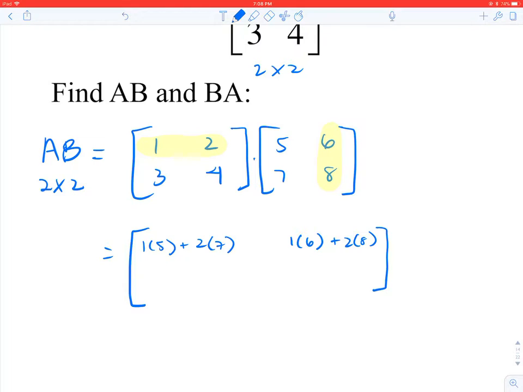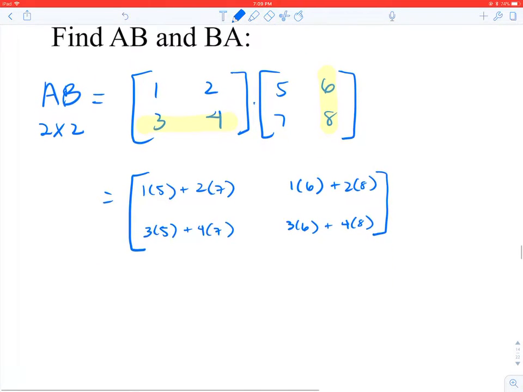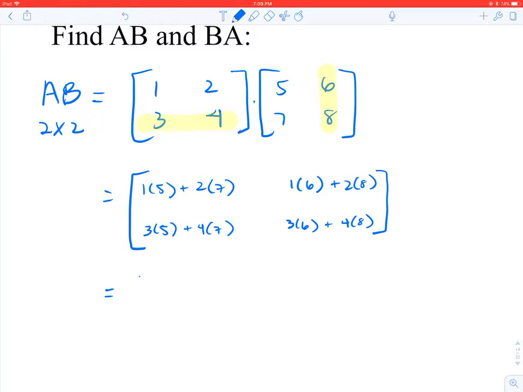Now this first row has hit both of the columns, so I'm going to move down to row 2 in column 1. We'll have 3 times 5 plus 4 times 7. And then column 2 to get 3 times 6 plus 4 times 8. So now we have our 2 by 2 matrix.